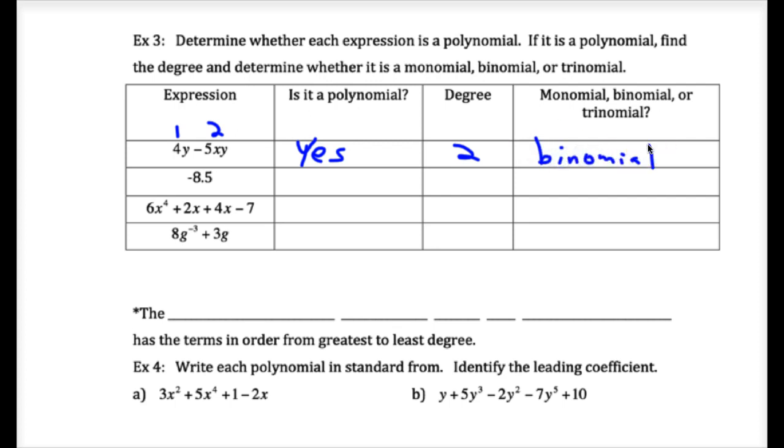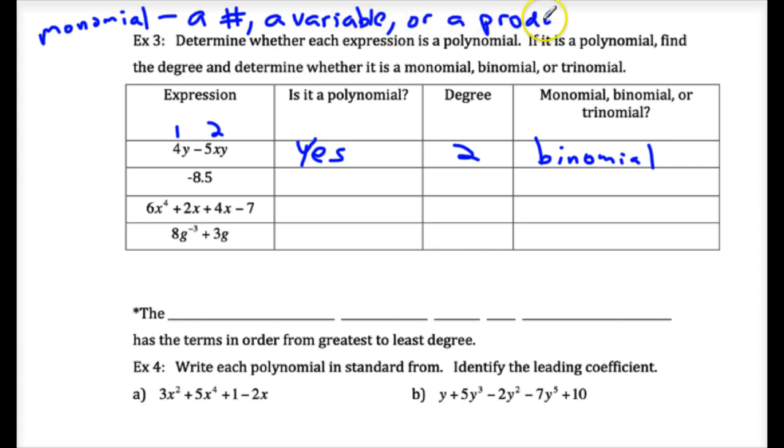Okay? Now, last period, totally confused about this next part. Is negative 8.5 a polynomial? No. No, it is. Well, is it a monomial? The question is always, what is a monomial? A monomial, we actually defined it last chapter, is a number, a variable, or a product of numbers and variables.